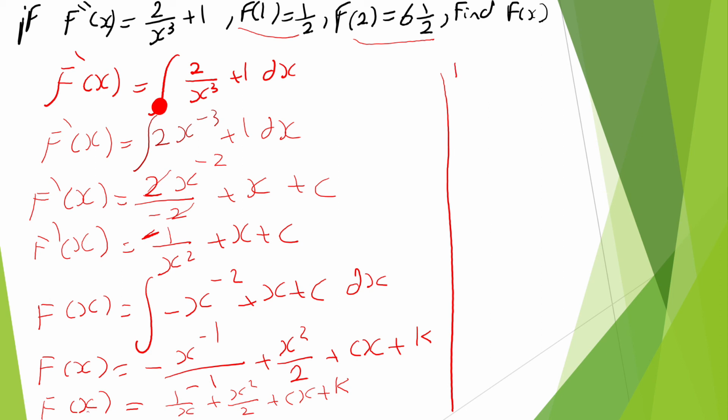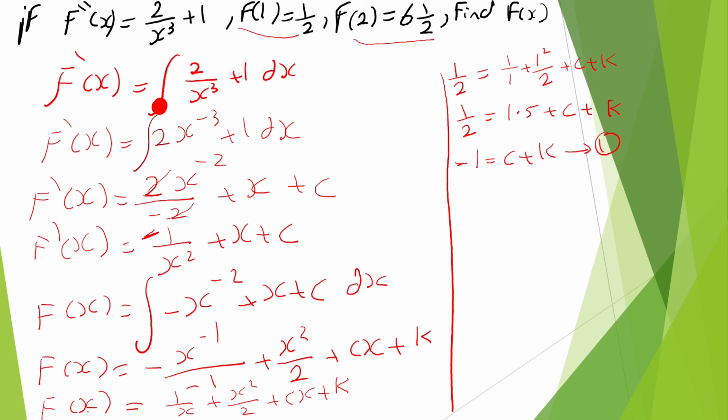So f of x is equal to half and is equal to 1 over 1 plus 1 squared over 2 plus c plus k. And simplifying, that will give me 1.5 plus c plus k. Rearrange, taking the 1.5 to the other side, gives me -1 equals c plus k.